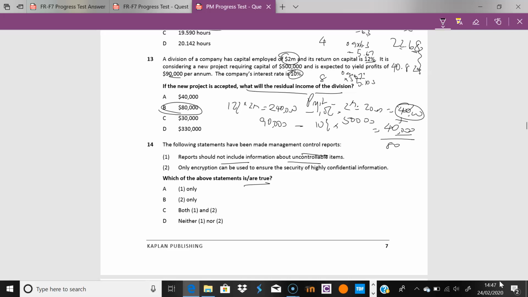Just because we say it should not include these doesn't mean it can't have them, but we're just not judging the manager on those uncontrollable items. The other one, very quickly, is that only encryption can be used to ensure security. That's not true. So the truth is that neither one nor two are correct.